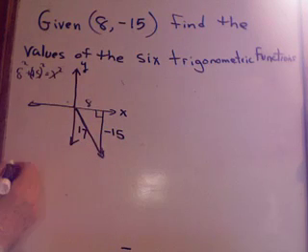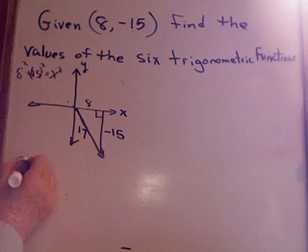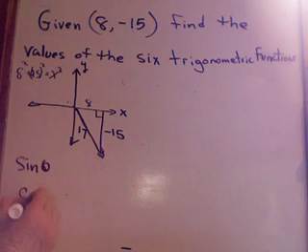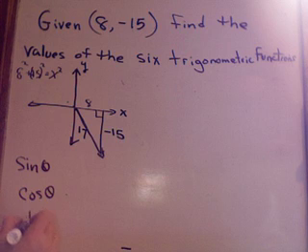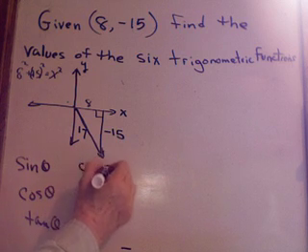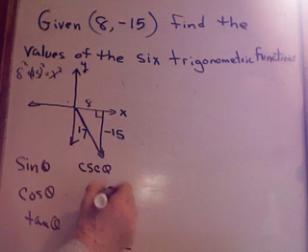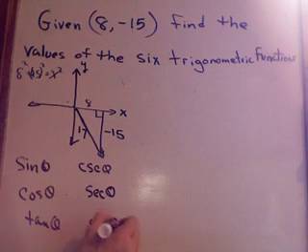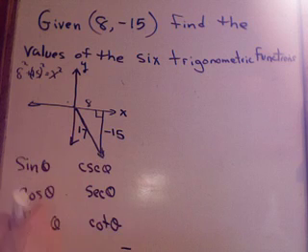So to do the 6 trig functions, remember how I told you to write the charts the other day? Sine theta, cosine theta, tangent theta, cosecant theta, secant theta, cotangent theta. That's because these are reciprocal identities.